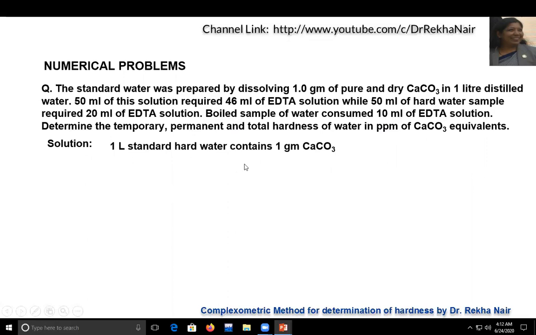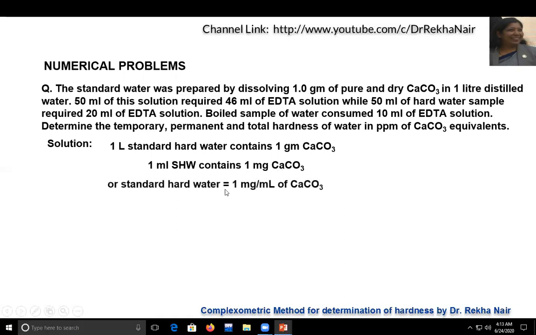So 1 liter of standard hard water contains 1 gram calcium carbonate. It means that 1 ml of standard hard water (SHW) contains 1 milligram calcium carbonate, or 1 milligram per ml. In the first titration we took 50 ml of standard hard water, and the titration gives 46 ml as V1, that is 46 ml of EDTA solution.